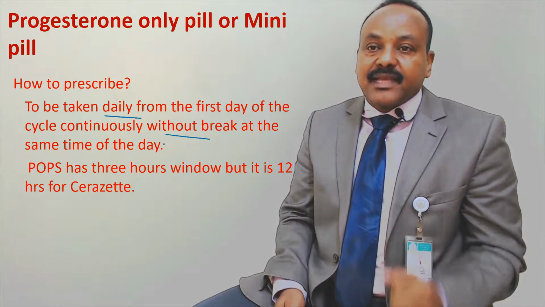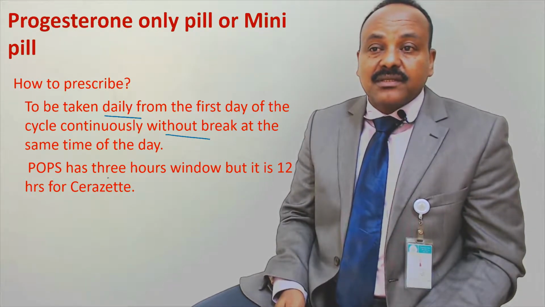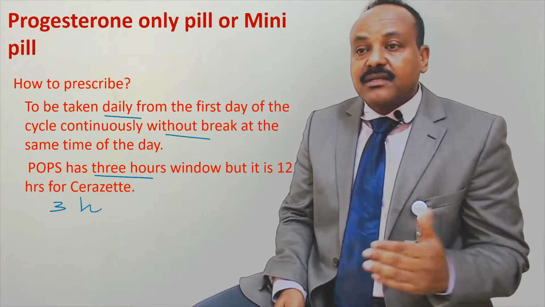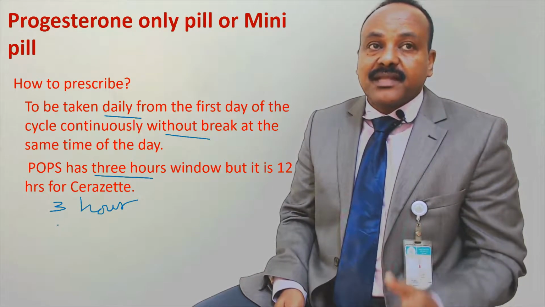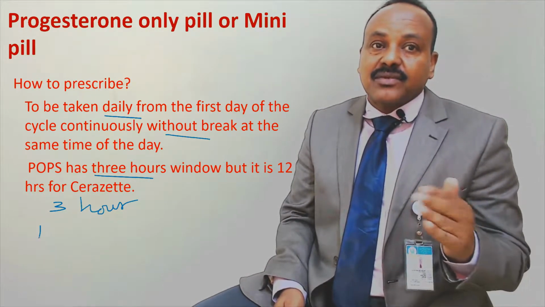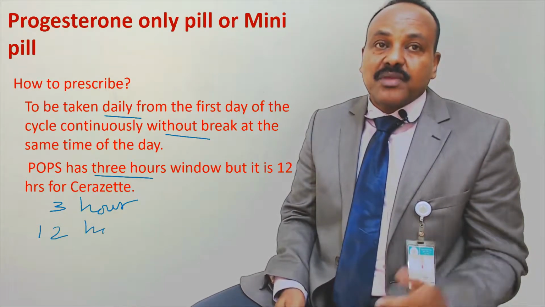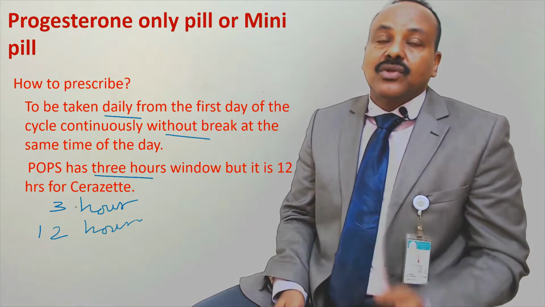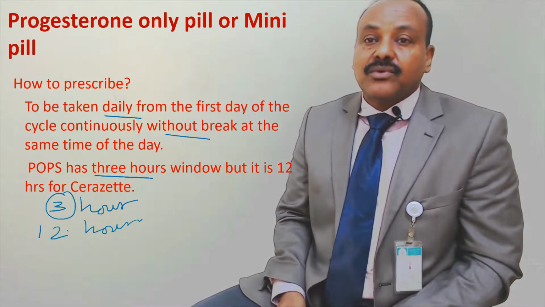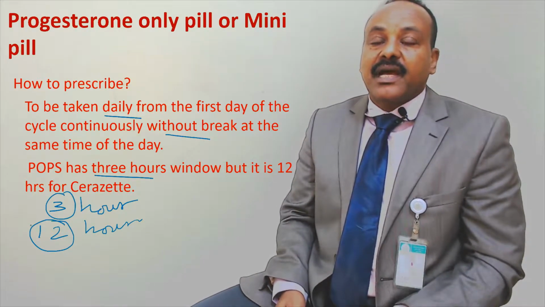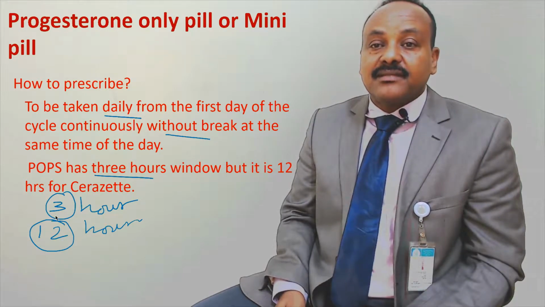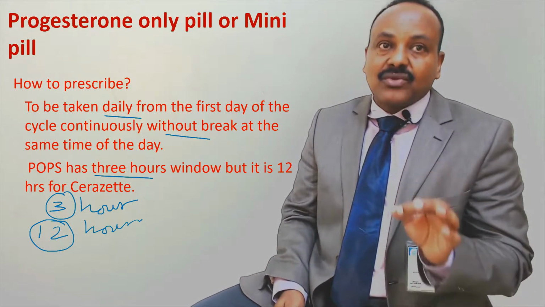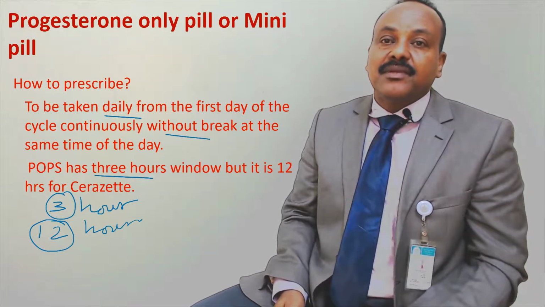And there is a 3-hour window, and some new tablets like Cerazette have 12 hours. This means that up to 3 hours you can take the tablet and no problem or defect can occur. And with some tablets like Cerazette, up to 12 hours you can use the tablet. But it is better to take the tablet at the same time daily.